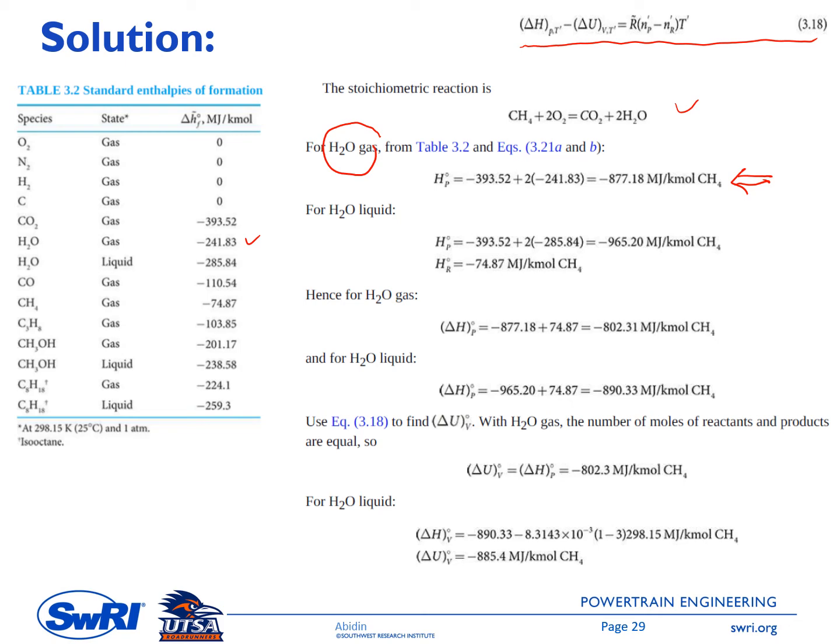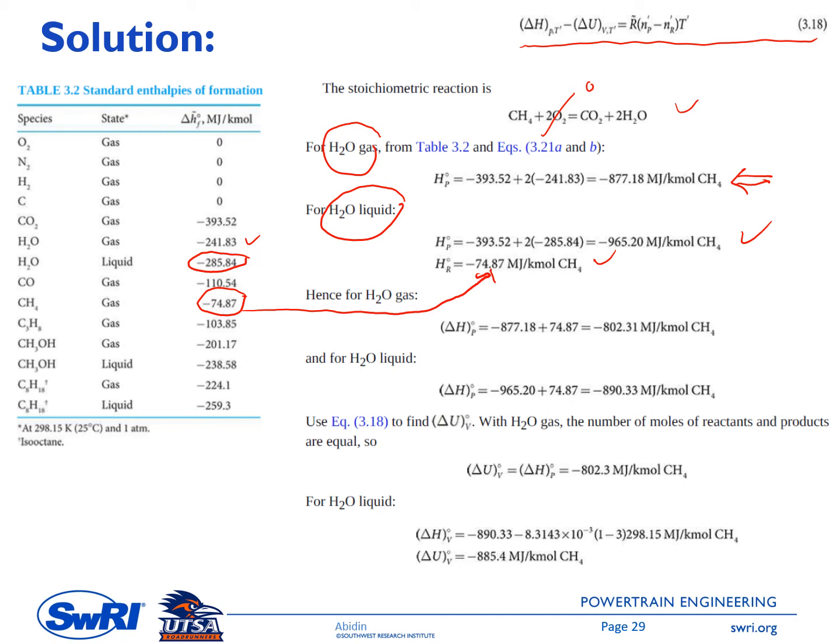And for H2O in liquid phase, we use this data. We get HP of minus 965.2 megajoule per kilomole CH4. For the reactant, we only consider the enthalpy of formation of CH4, so minus 74.87, because the enthalpy of formation for O2 here equals 0.